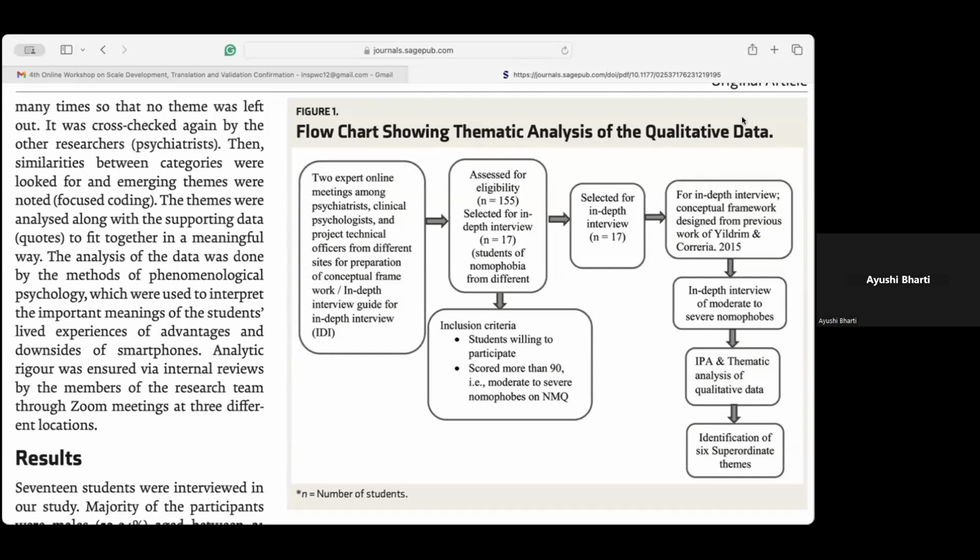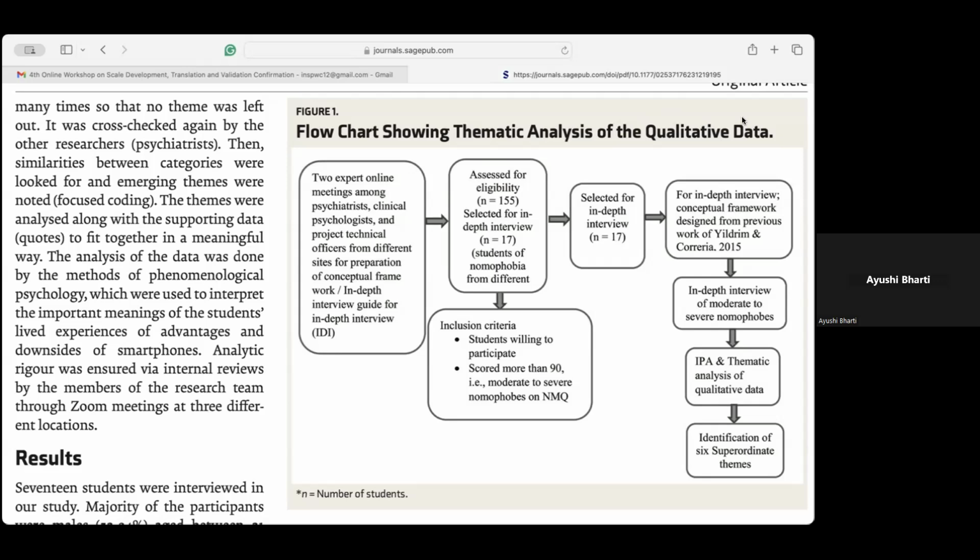Along with that, we had 17 students who volunteered for the in-depth interviews and item pool generation. After that, we had translation and transcription of the in-depth interviews, done in both Hindi and English.